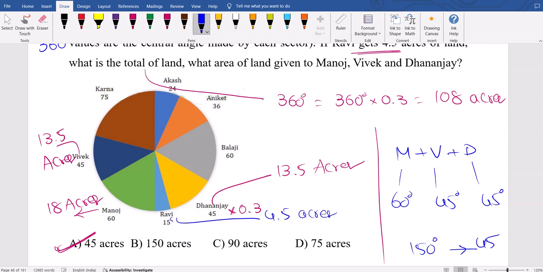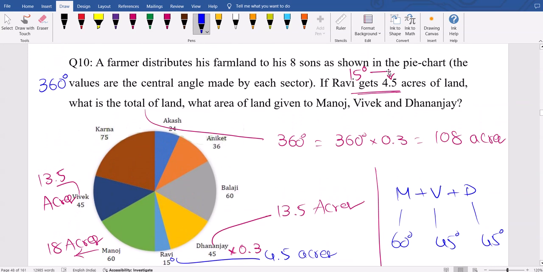When 15 degrees is related to 4.5, 150 is related to 45. So directly we can mark it. I've given you how to calculate each individually, but it's not required if they're asking this. Maybe it's two different questions. The first question is total land, which is a separate question. Now if Ravi is this, what are Manoj, Vivek and Dhananjay?